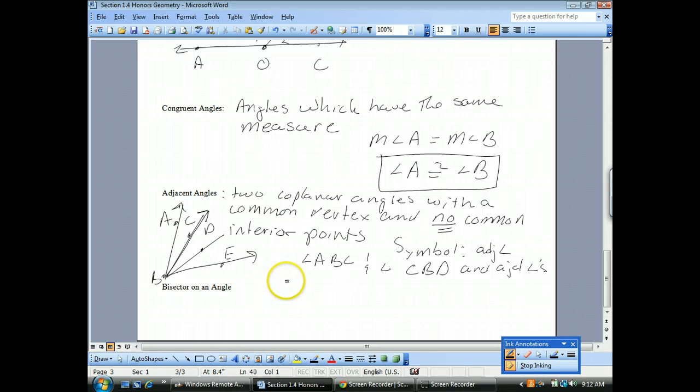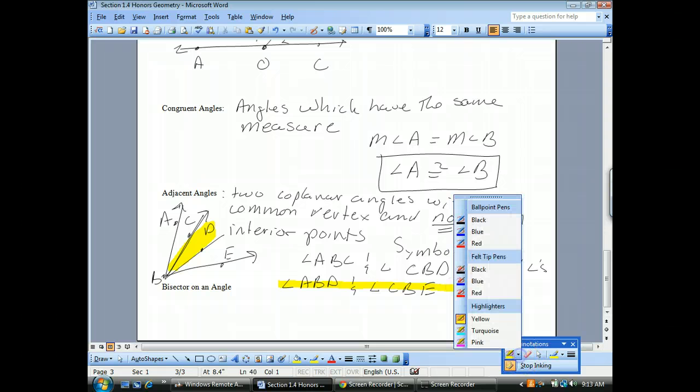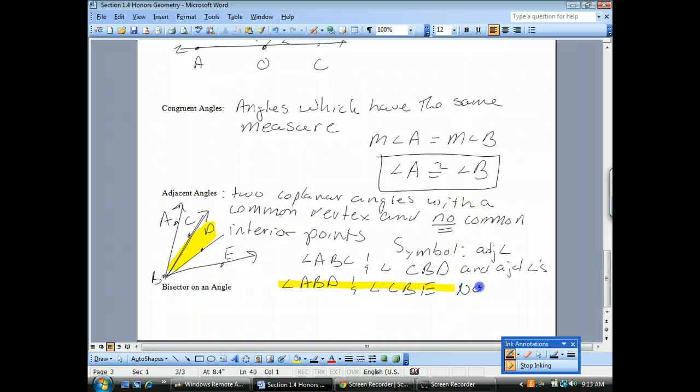But if I say angle ABD and angle CBE, those are not adjacent angles because they share all these points in between. So we cannot say that those are adjacent angles. Okay, because they share points.